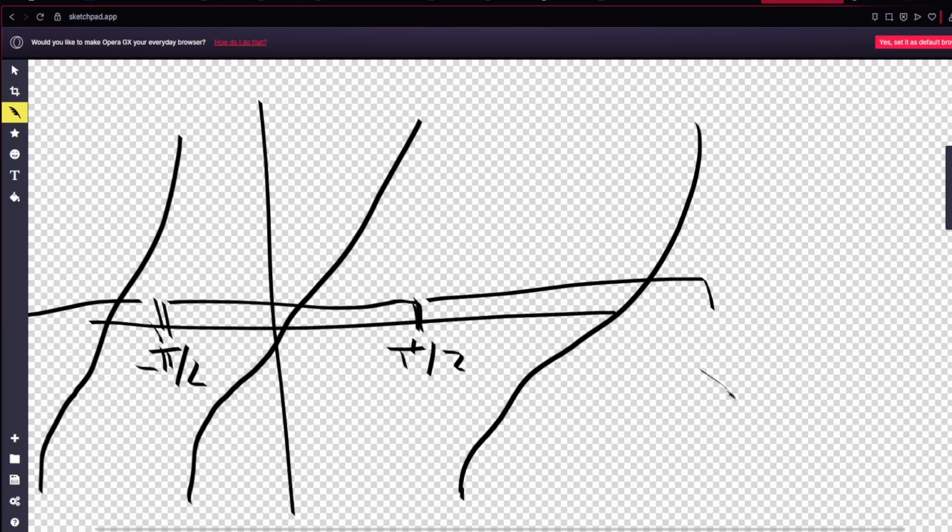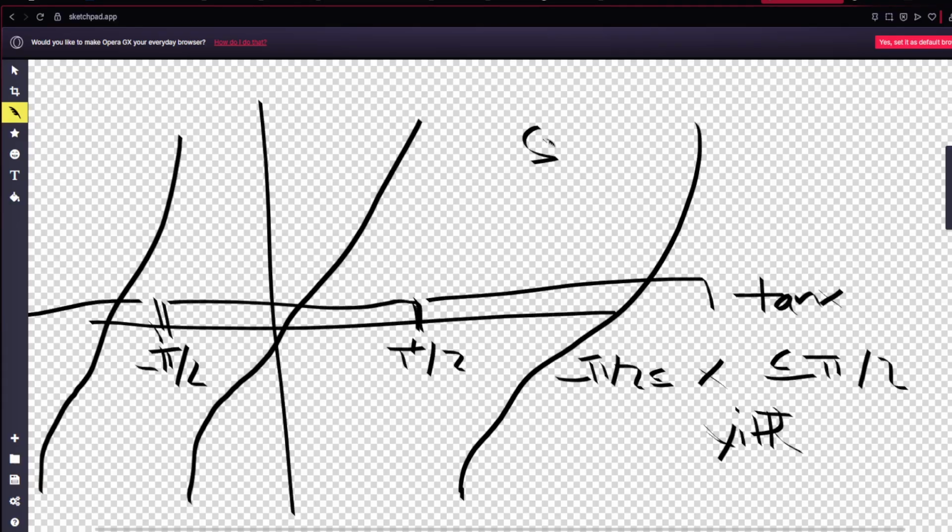So that means we're going to restrict the domain of y equals tan x to negative pi over 2 and pi over 2. And notice that tan x has an unlimited range. The range is all real numbers.